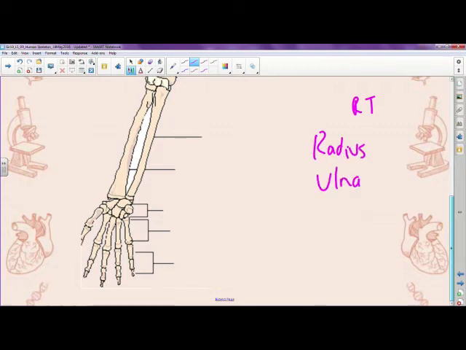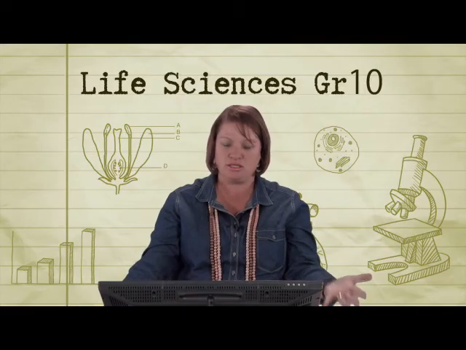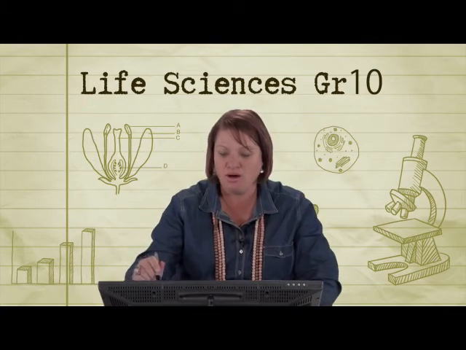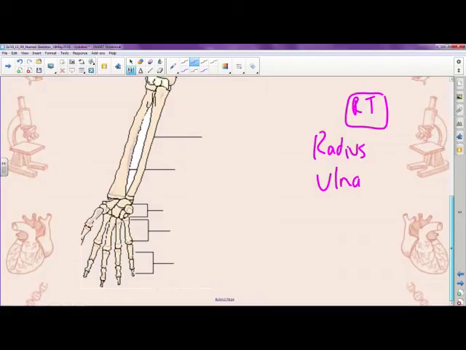I always try to remember which one is the radius and which one is the ulna. So I remember RT. My radius always goes where my thumb is. RT, because that is going to be my thumb. So the bone that's on the side of my thumb is going to be my radius, which means that the bone on the other side is going to be my ulna.